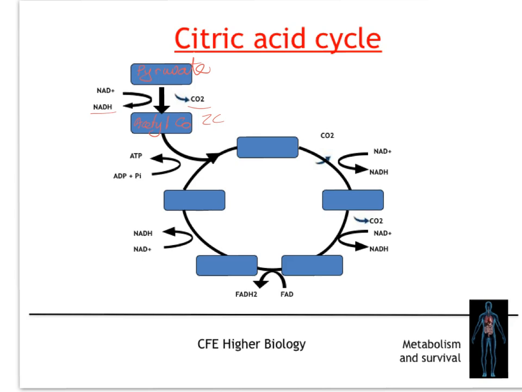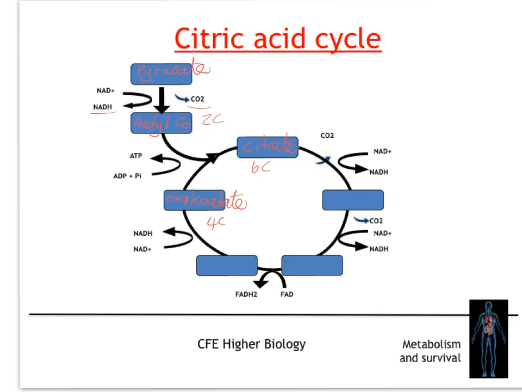But what happens is that this substance here, oxaloacetate, I'm getting tongue-tied there, which is a 4-carbon molecule, combines with the acetyl-CoA to form citrate. Citrate is a 6-carbon compound.